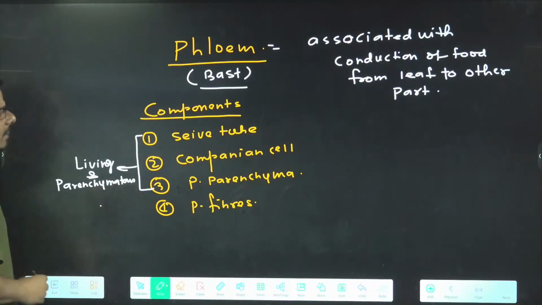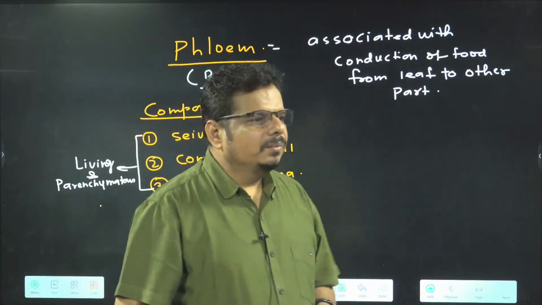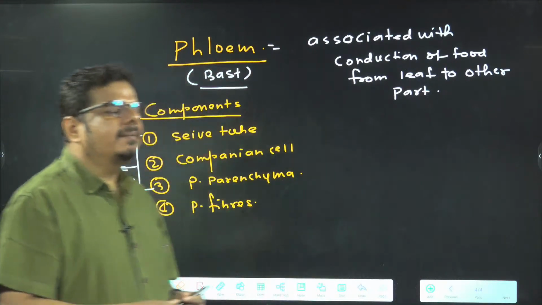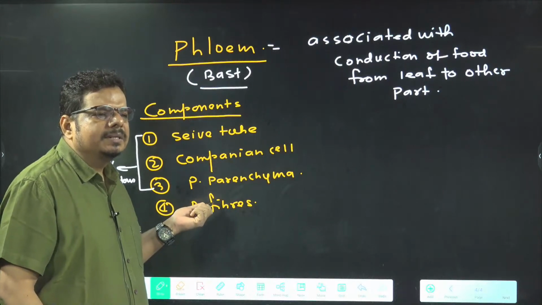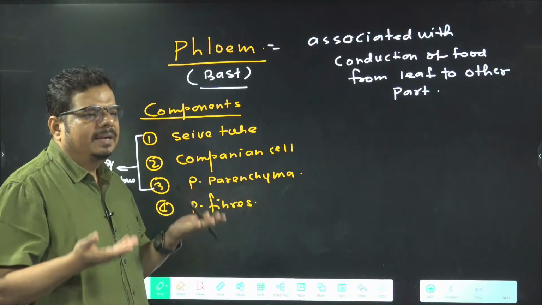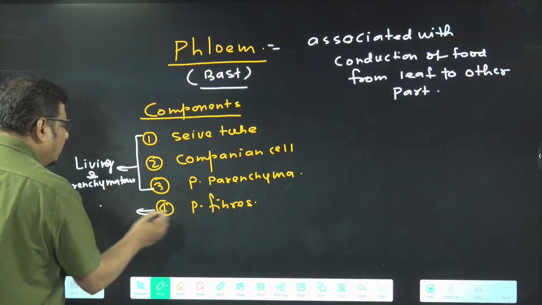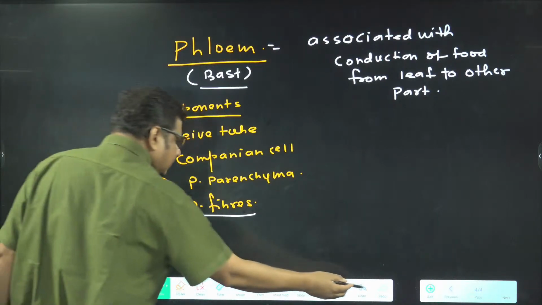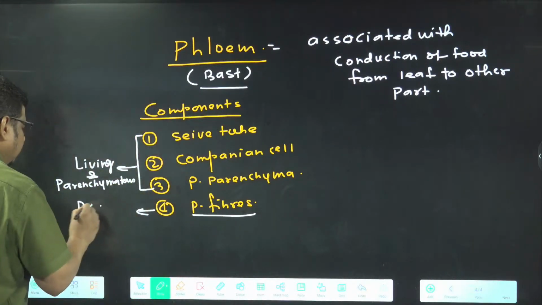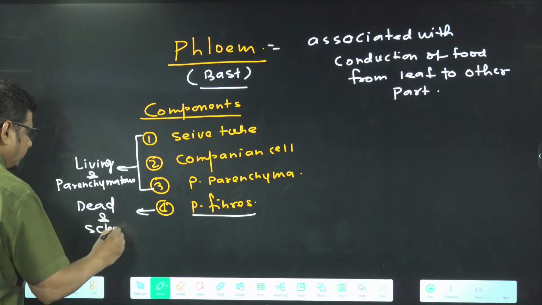Which kind of simple tissue is present in the sieve tube? Parenchyma. In the companion cell? Parenchyma. In phloem parenchyma? The name is parenchyma. And the last, the fourth, phloem fibers, which is dead and sclerenchymatous.